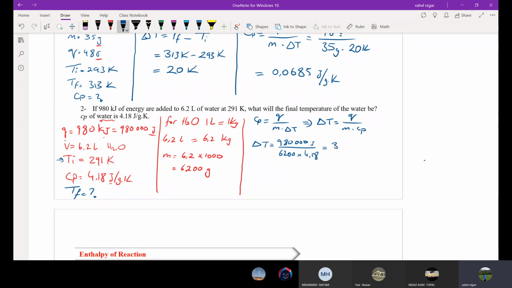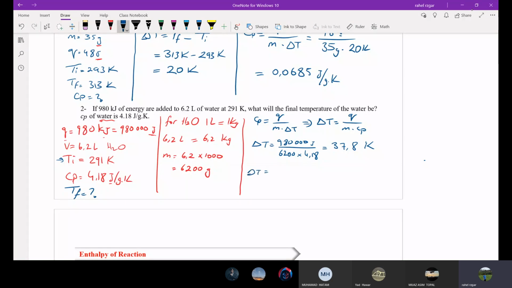So the result is 37.8. We are going to use Kelvin or Celsius, it doesn't matter. But since the initial is in K, let's just say K. Because it's a change, even if it's K, even if it's Celsius, it doesn't matter. It's still the same. Now we have the change.